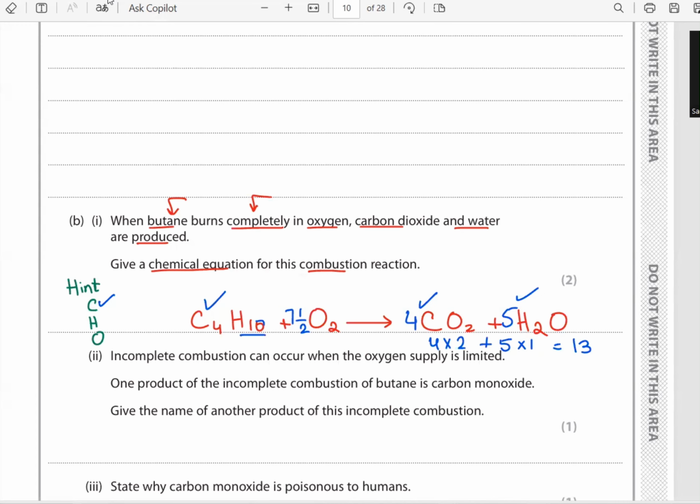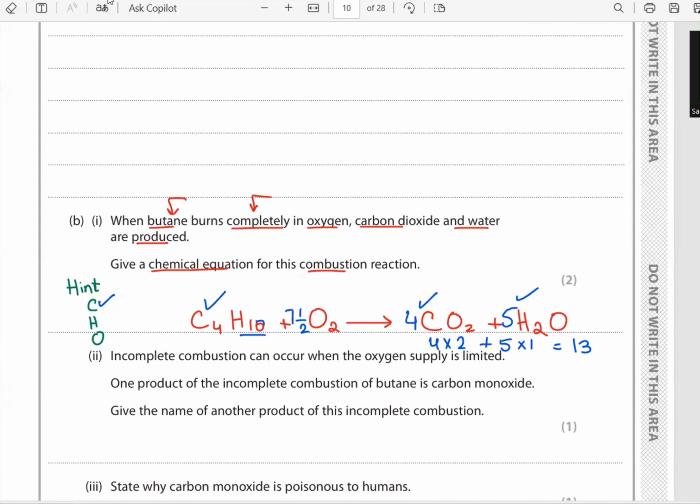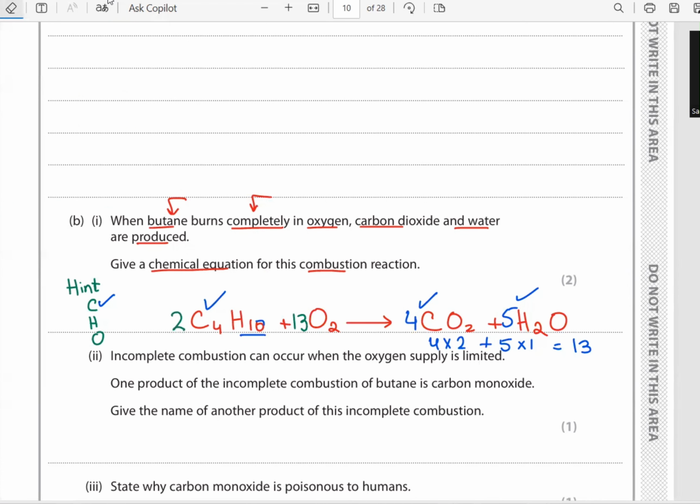And if we don't want to balance in fractions, we will multiply the whole equation by 2. So all the moles will become double. In that case, butane will become 2 because we are doubling the whole equation. Oxygen will become 13. Carbon dioxide is 4, it will become 8.